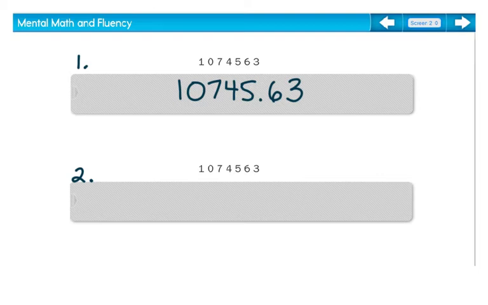Say it one more time. 107,456 and 3 tenths. So when I write just 107, when I hear a word, I know there's a comma or a decimal point. 456 and 3 tenths.